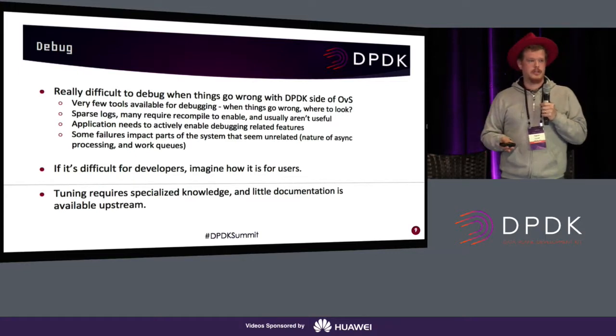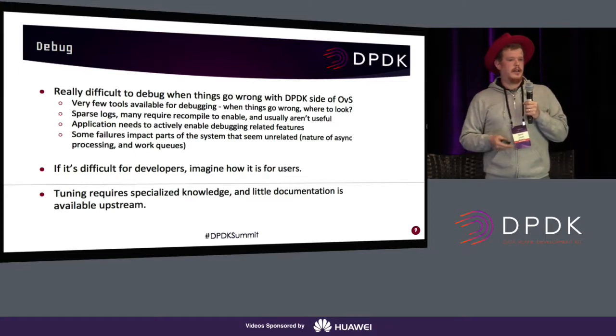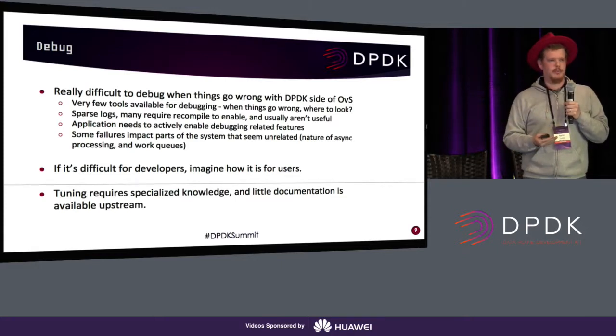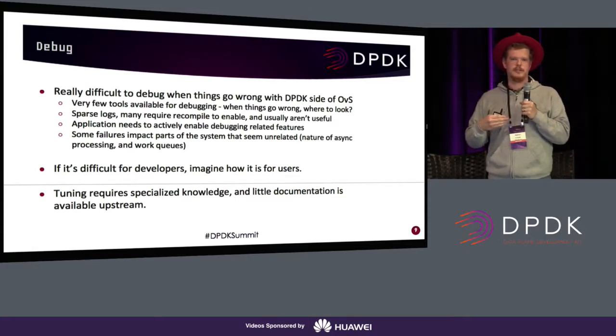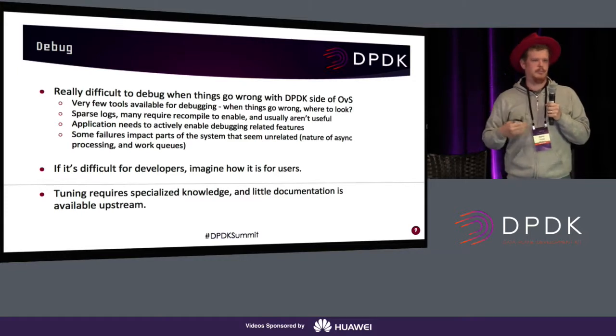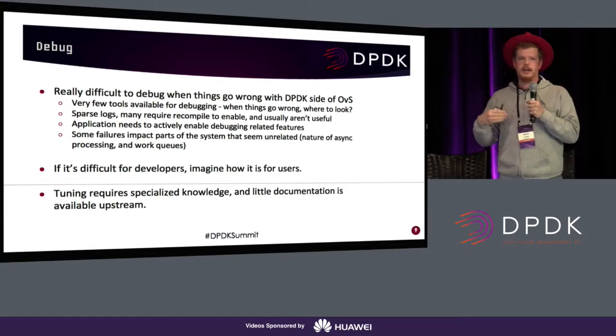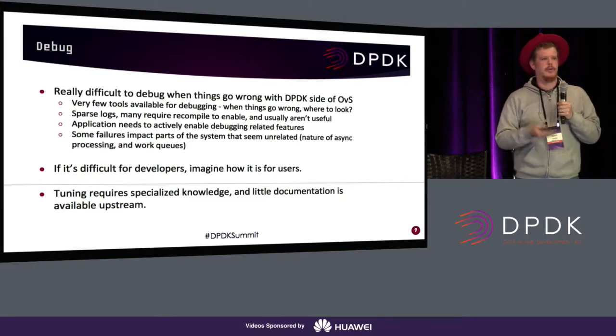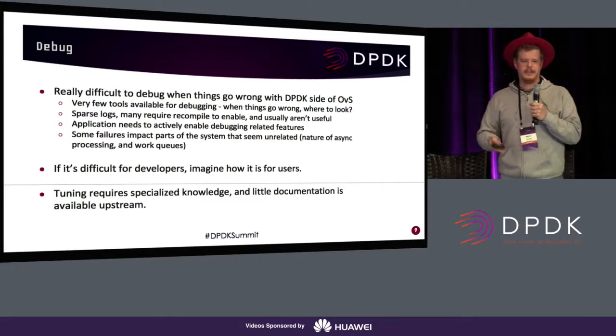There are sparse logs that DPDK provides, and what's worse is you have to recompile to enable the logs, which means customers and users won't ever do that. And as a Red Hatter, if I have to provide a new RPM every single time I want to get deeper in debugging, that's really not friendly, and it's difficult to support.